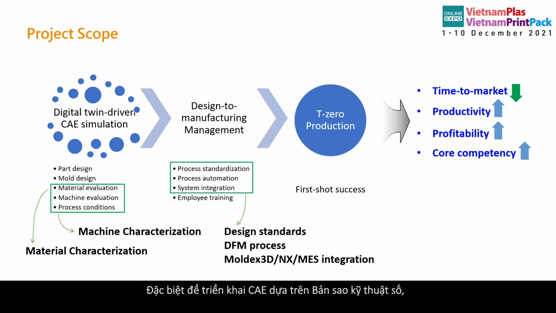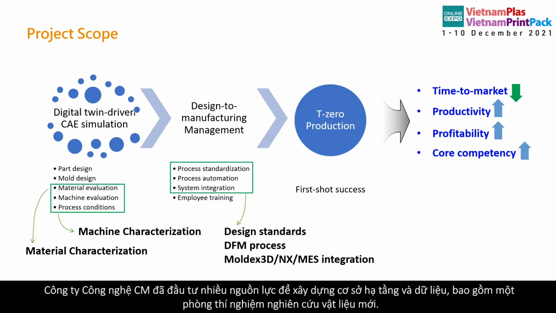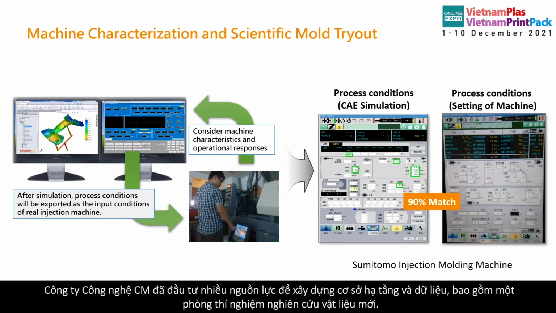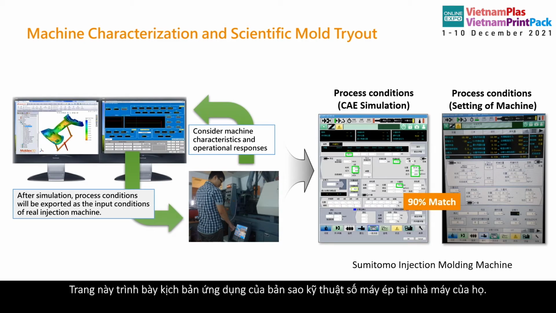Especially for the implementation of digital twin-based CAE, CM Technology invests many resources to build fundamentally infrastructure and data, including one new in-house material research lab. This slide shows the application scenario of the machine digital twin at their factory.